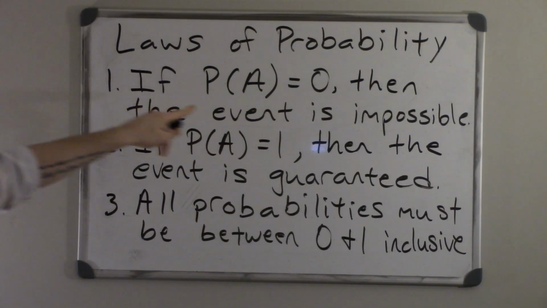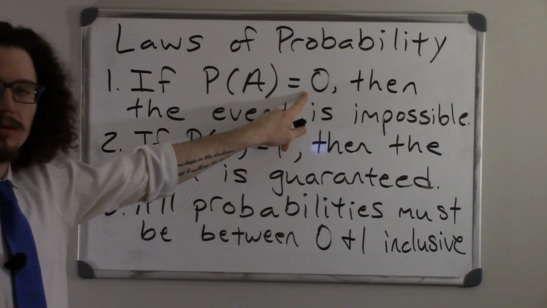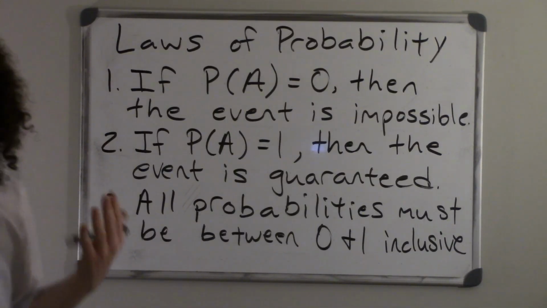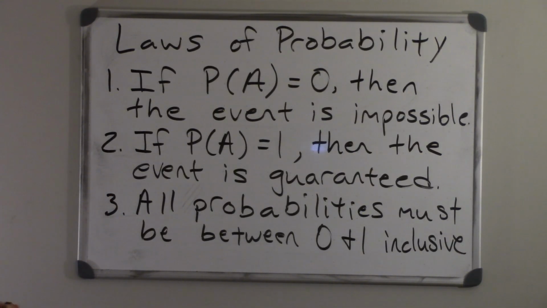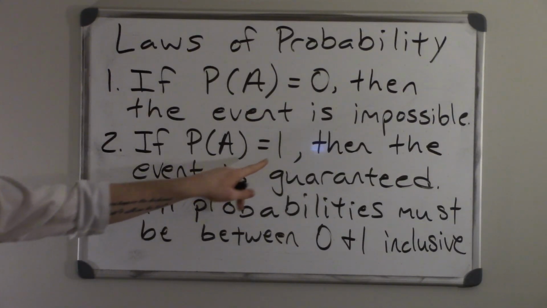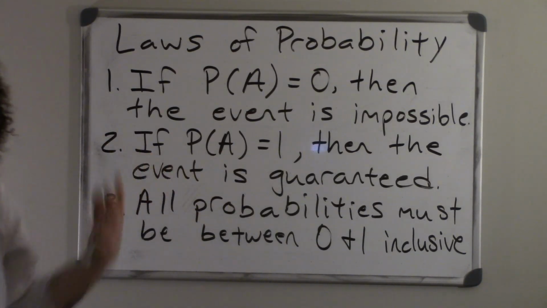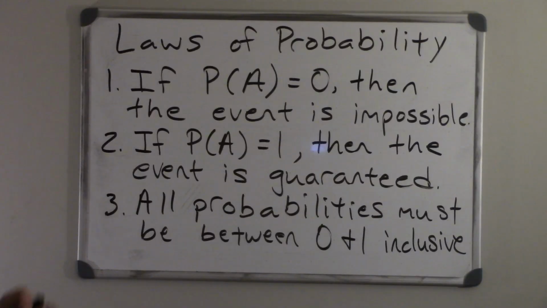If the probability of an impossible event is 0, then that is the lowest a probability can be. Something can't be less likely than impossible. If the probability of an event that is guaranteed is 1, that means that's the highest a probability can be. Something can't be more likely to happen than it's guaranteed to happen. That is the cap.